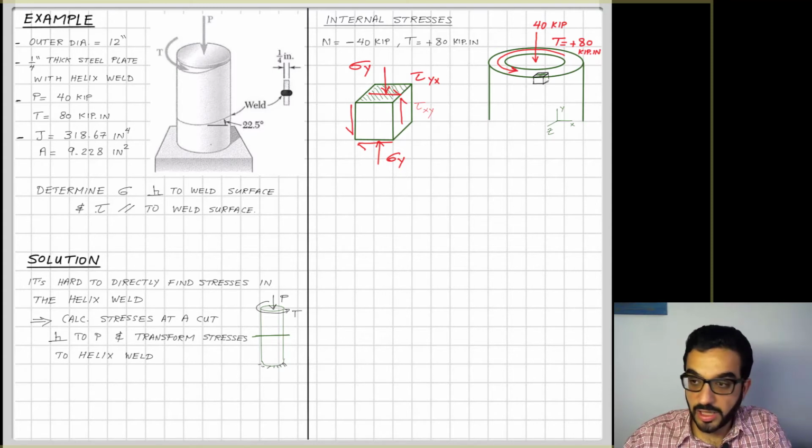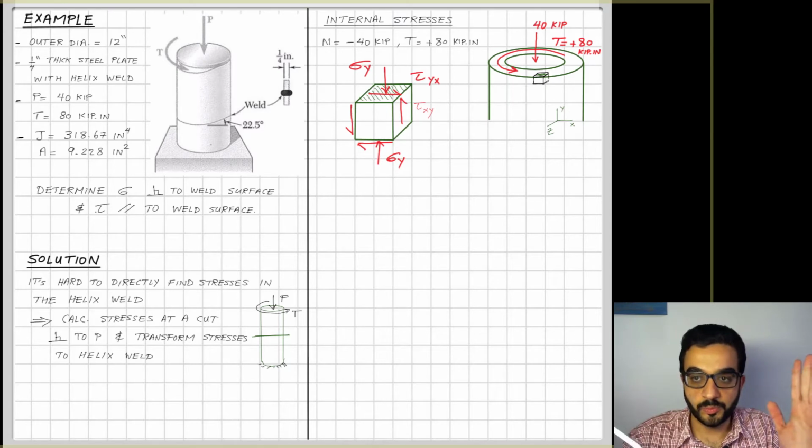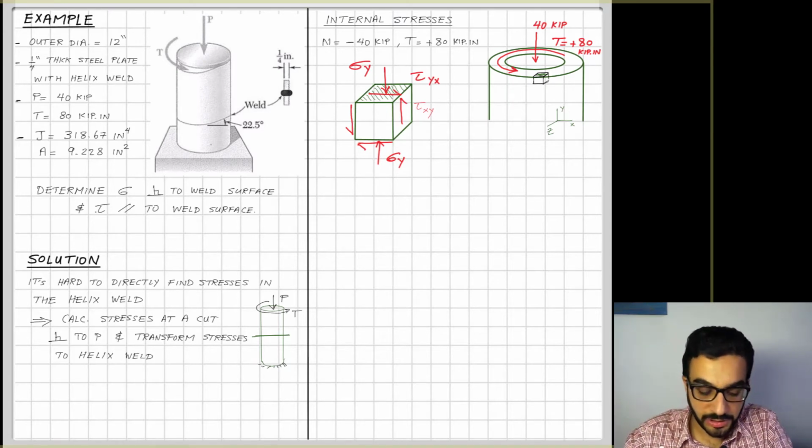This shaded face of the block corresponds to the horizontal cut in the pipe. Then from equilibrium, I know the lower surface of the block has sigma y, and there is no sigma x, since I'm not squeezing the pipe sideways.